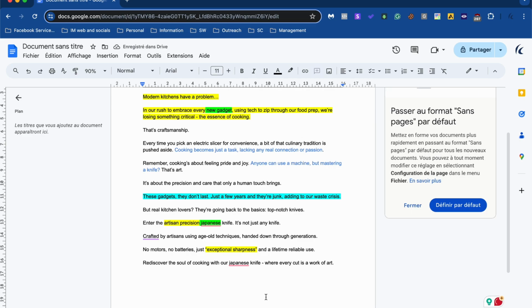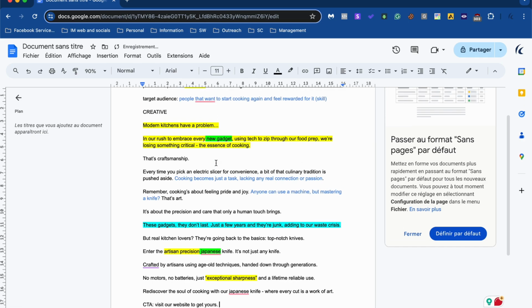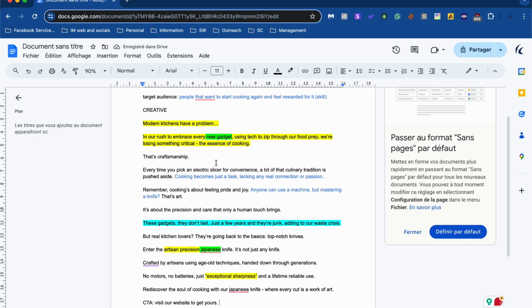Normally you would have the CTA, call to action, saying, "Oh, visit our website to get yours," and it just stops there. And so people just feel like they are getting scammed. You're just trying to sell them your thing, and then you go away.